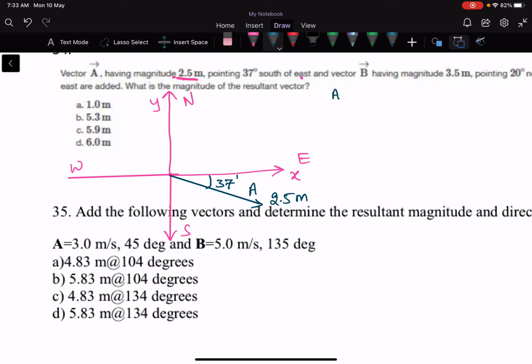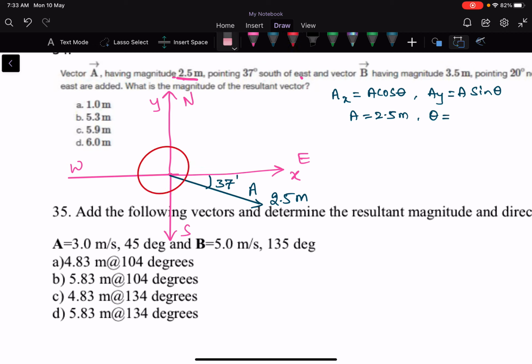So resolve the vector into components. Ax equal to A cos theta, and similarly Ay is equal to A sin theta. Here A is equal to 2.5 meters and theta is always measured from positive x-axis in counterclockwise direction.